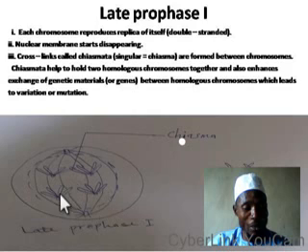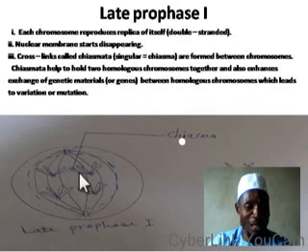There is going to be exchange of genes between this chromosome and this chromosome. And it is the chiasmata that enhances the exchange of genes between homologous chromosomes.